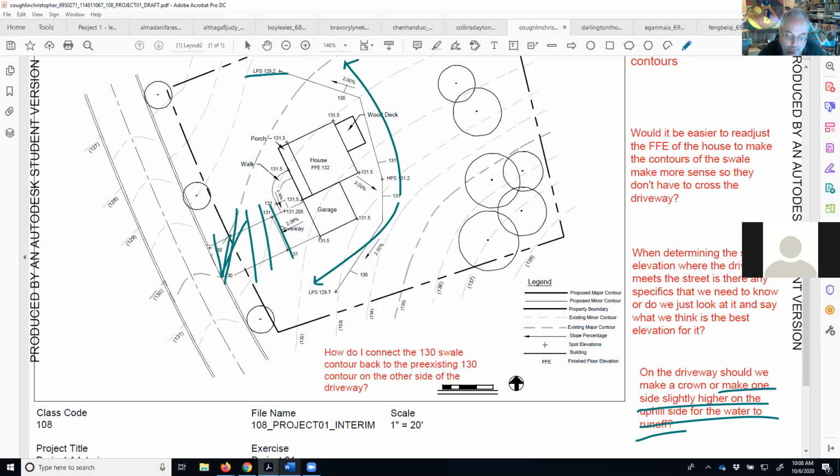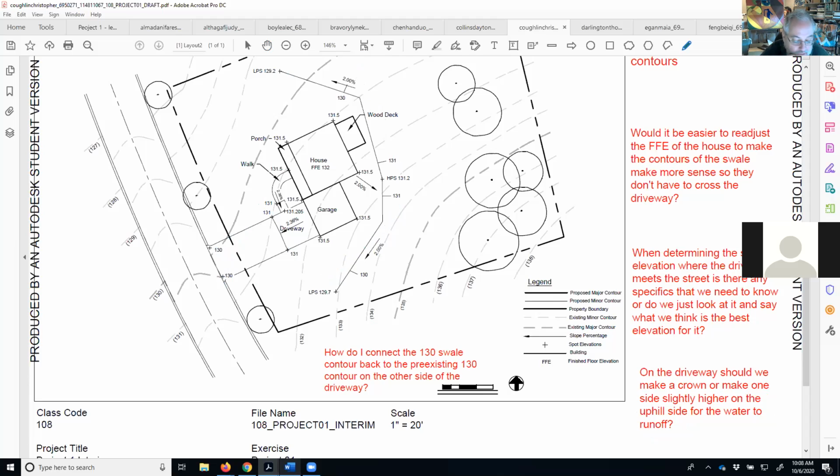How do I connect the 130 swale contour back to the pre-existing 130 contour on the other side of the driveway? Let's see. The 130, okay, well, we actually knew that already. So that 130 is going to connect across the driveway just like that in some way, shape, or form.